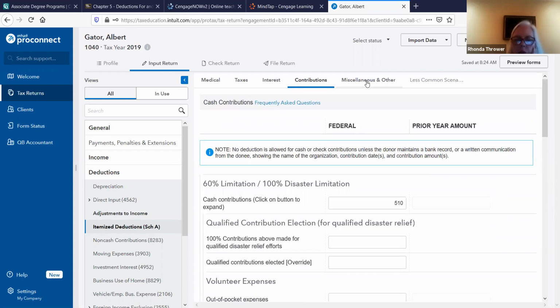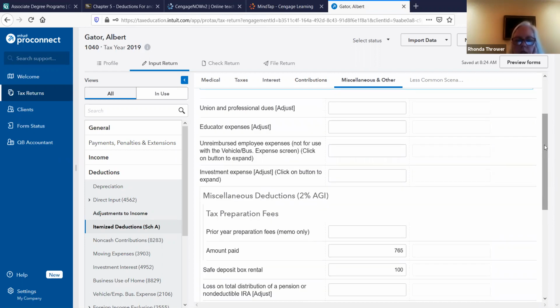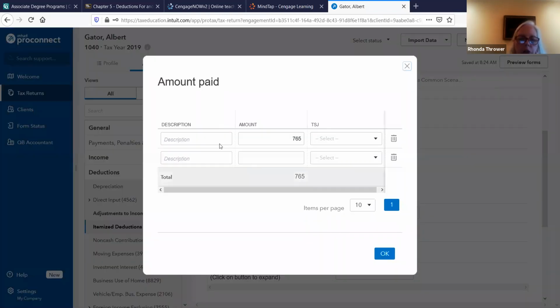All right, and so we're going to move to miscellaneous and other. So these are the ones that you kind of had left over that you really didn't have a place to put before. And one of the things that you can take is if you take your taxes to a preparer and they charge you, you can take that as an itemized deduction. And this person charged $765. You can expand the box there, and you could tell where it came from, and that was CPA charges for last year's return.